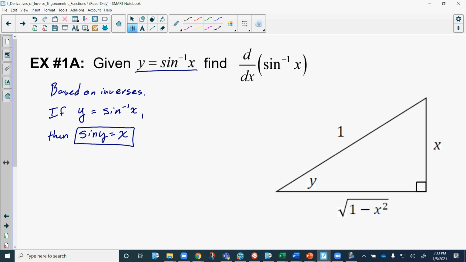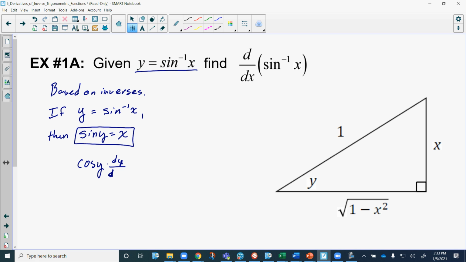So this is going to take a little bit of implicit differentiation because we are dealing with something with y. Taking the derivative of sine is going to give us cosine of y dy dx.